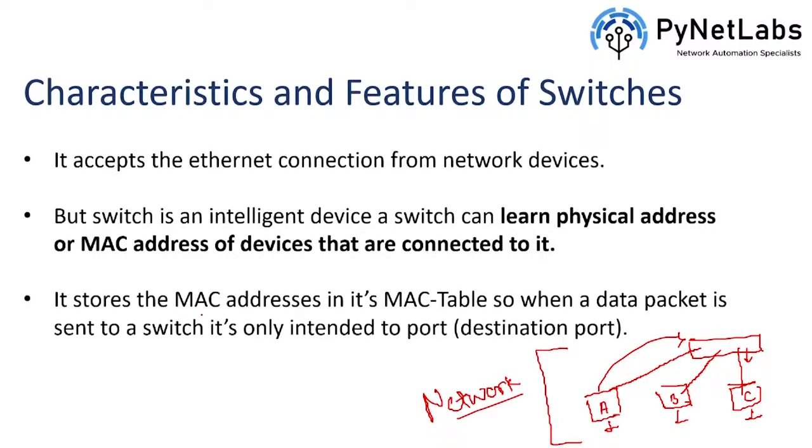Then we can say it stores the MAC addresses in its MAC table. When a data packet is sent to a switch, it is only sent to the destination port. So depending upon the destination, it only sends it to that particular port.